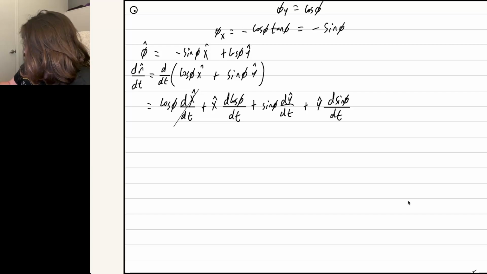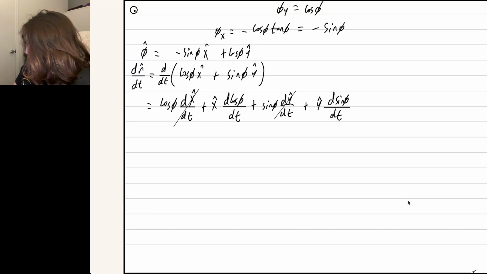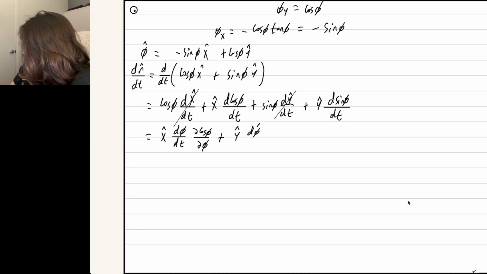Bam, bam. And then the time derivatives of the trigonometric functions are going to be turned into partial derivatives. So we're talking about x hat d phi dt del cosine phi del phi. It's just an invocation of the chain rule there. Then this is d phi dt del sine phi del phi.